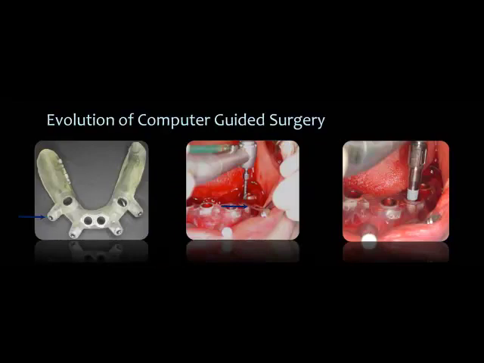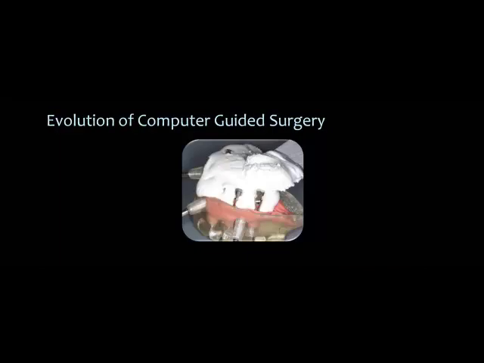Now we have the ability to have one template with anchor pins that allow the surgical template to be stabilized, and use drill sleeves to go in sequence to place our implants through the surgical template. The manufacturers have also produced the armamentarium necessary to produce a master model even before the surgery is done.